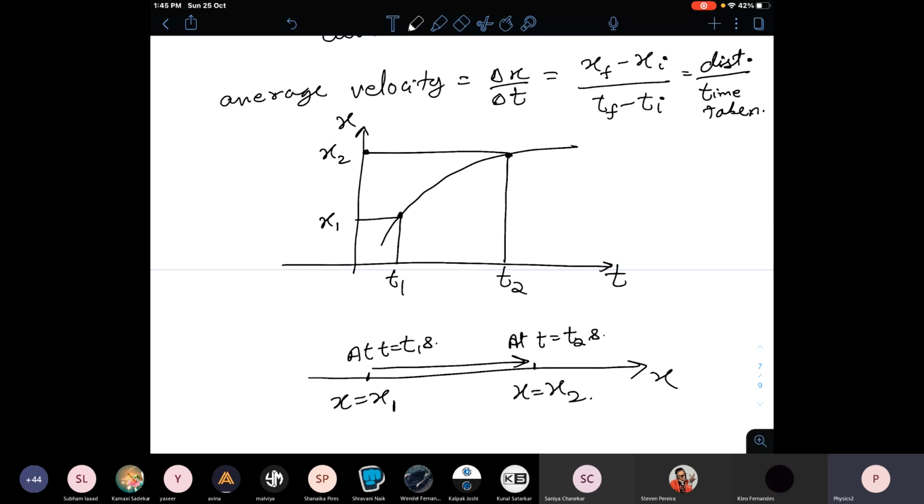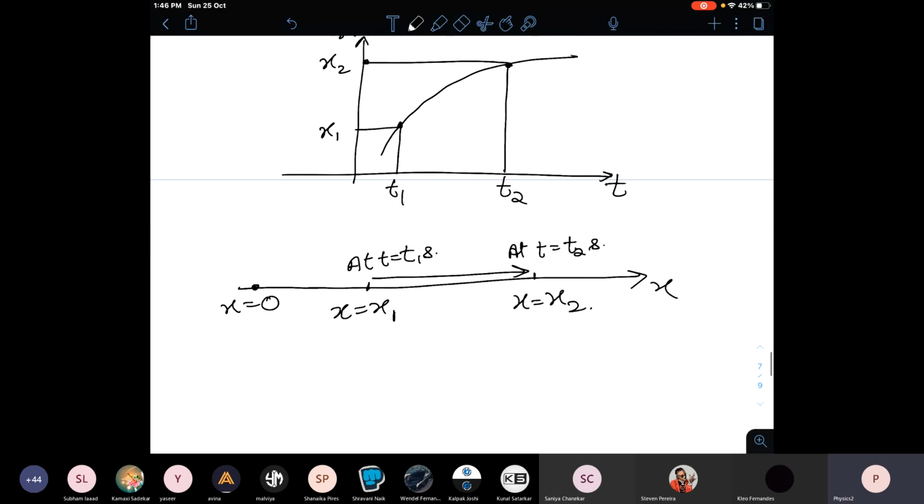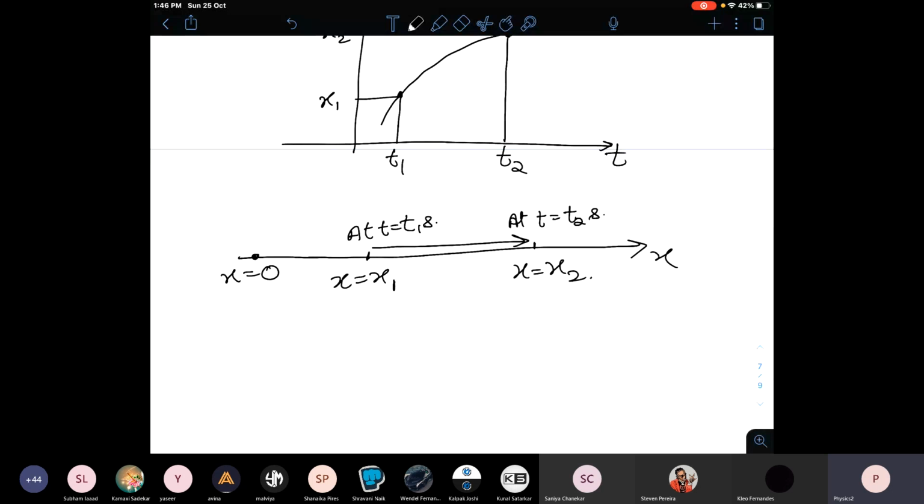So how much is the distance covered? Suppose somewhere here there is the origin, x equal to 0. Try to understand this by vectors. The particle was initially having a vector x1. Finally, the particle has vector x2.